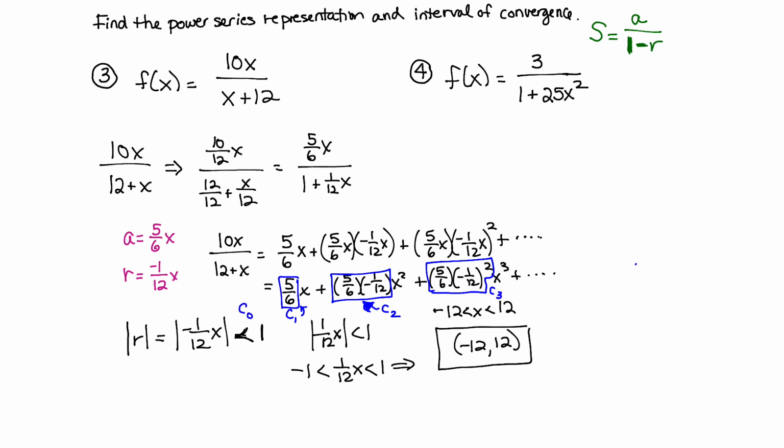What are you going to put in for C sub 0? What is the coefficient that goes with x to the 0? In your homework, C sub 0 means the term you put with x to the 0th power. Normally that is our a term, but because of the way this power series worked out, we didn't start with a constant first term.